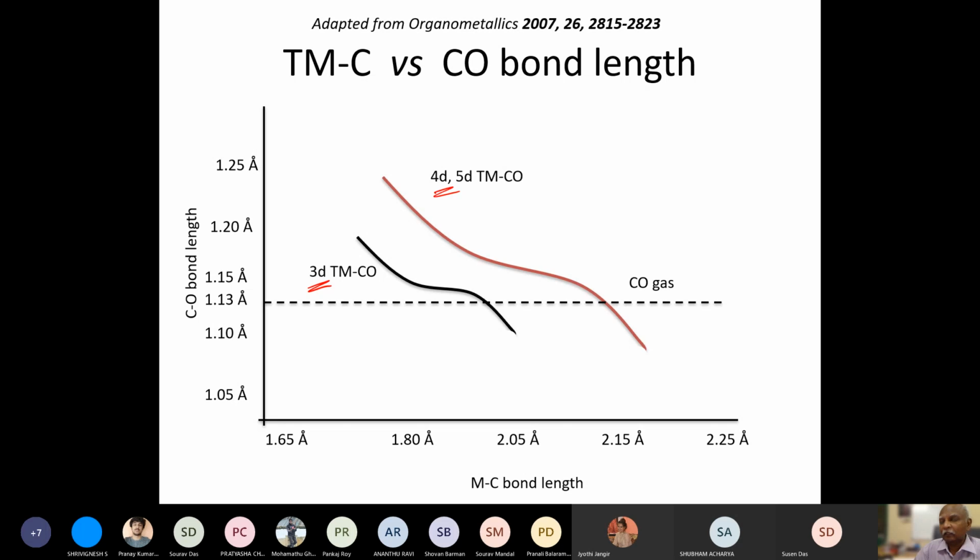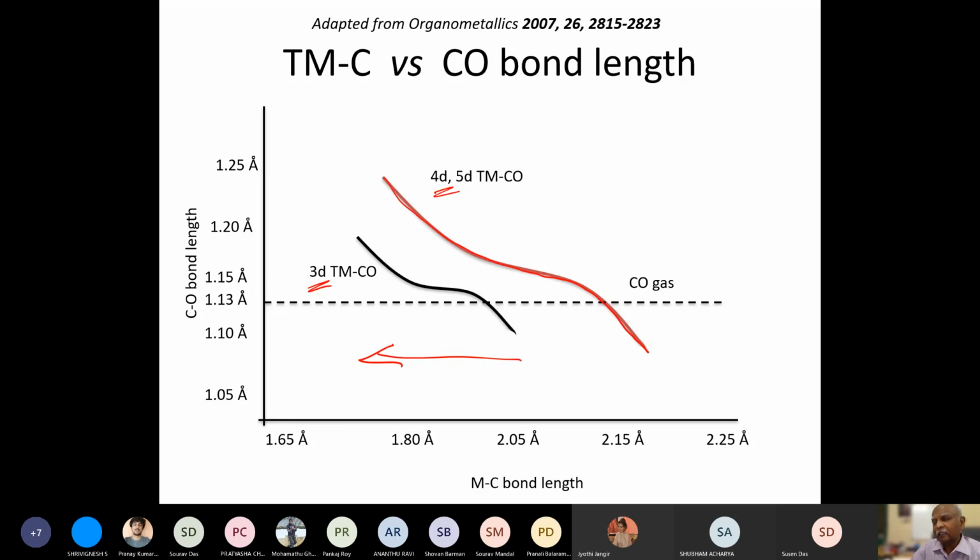That's due to the lanthanide contraction. So you have 4D and 5D coming almost together. You have a reasonably consistent relationship which you observe for 4D and 5D, whereas for 3D it is similar, but it is shifted in this direction.